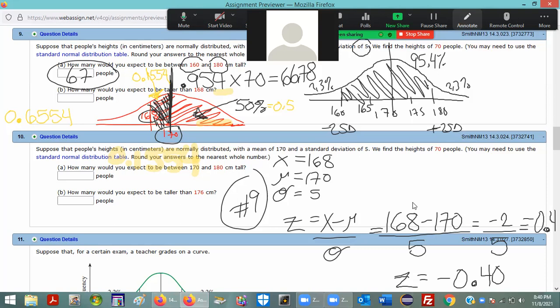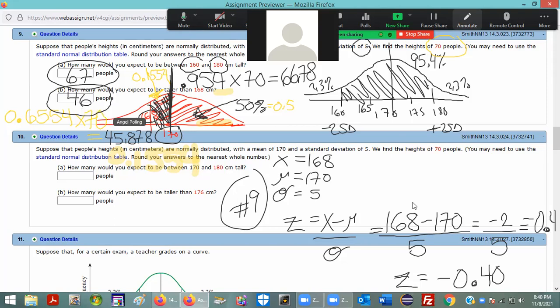So we're saying that about 65% of 70, so times 70, is the number of people we're expecting. 65.54 percent times 70 gives me a result of 45.878, so I would say 46 people.